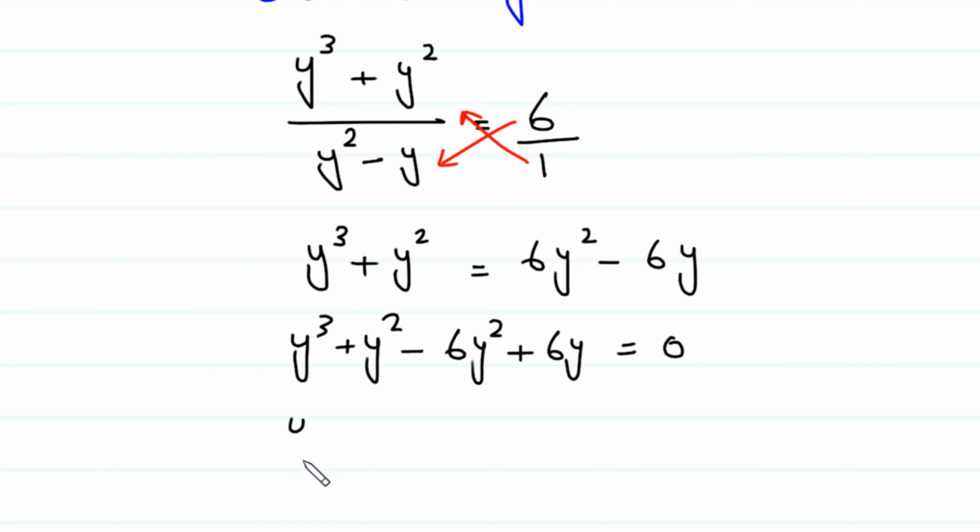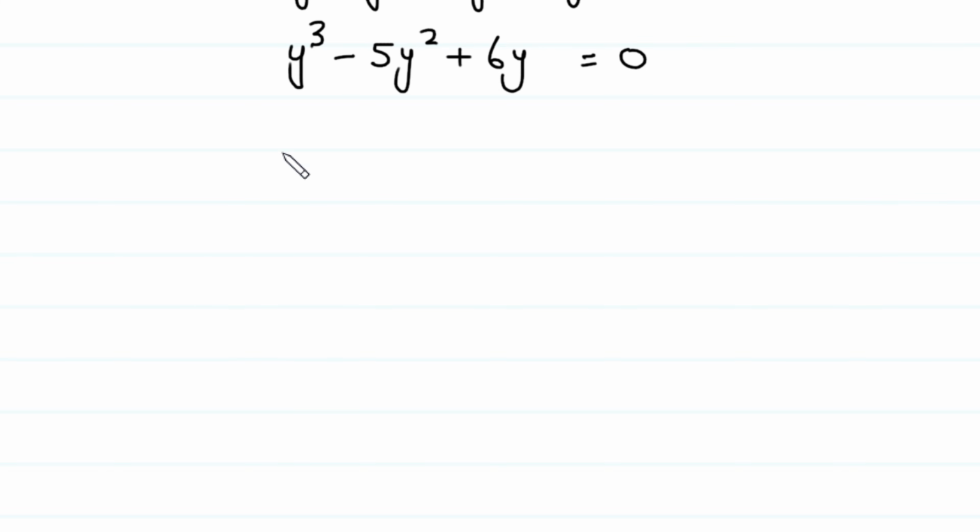Next, y cube plus 1y square minus 6y square, that is minus 5y square, plus 6y is equal to 0. Next, from here we can take y as common, and in bracket left y square minus 5y plus 6 is equal to 0.